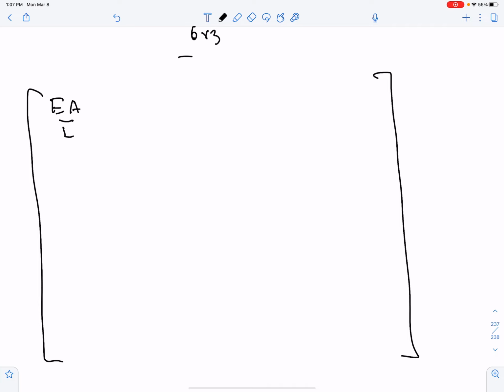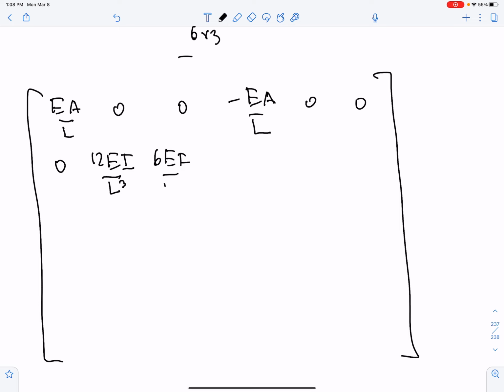E A over L, 0, 0, minus EA over L, 0, 0, okay, 0, 12 EI over L cubed, 6 EI over L squared, right?